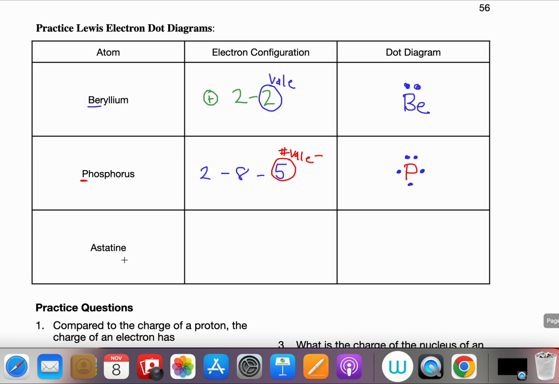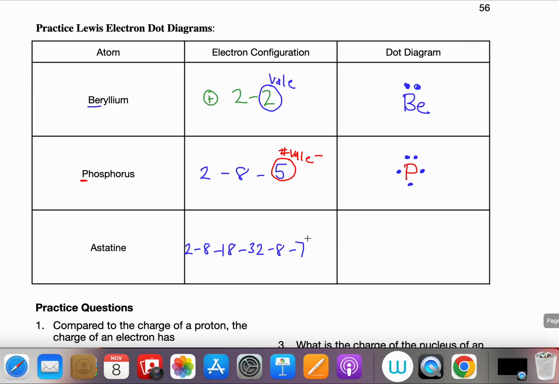Our last example, astatine, has a pretty long configuration. It goes 2-8-18-32-18-7. Astatine has electrons in energy levels 1, 2, 3, 4, 5, and 6, so it has a lot of electrons in its entire structure.